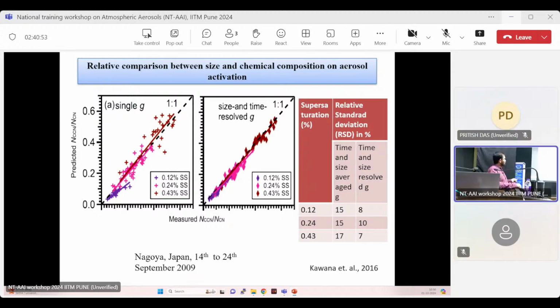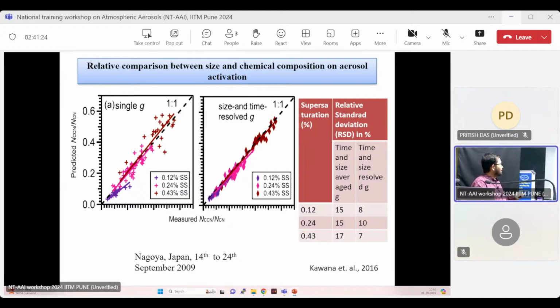Okay. So they compared, and this is basically NCCN to CN. That means it's basically CCN only, but in an activation form, like they are dividing it by the total number concentration. They tried to see whether this single G is enough to explain everything, or whether you need a higher size and time resolution of the variation of G. G is basically an indirect measure of your aerosol hygroscopicity.